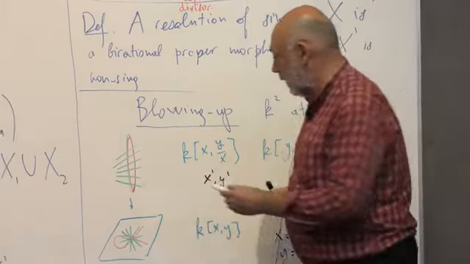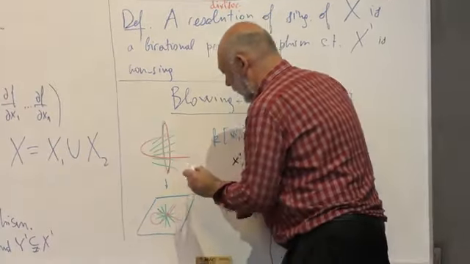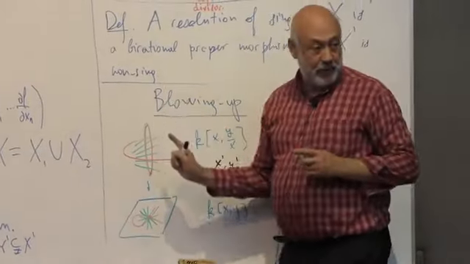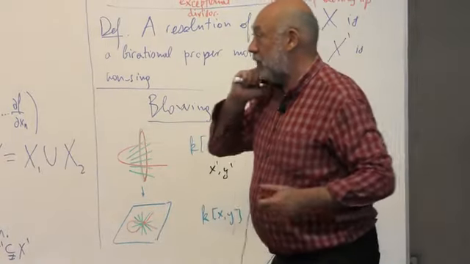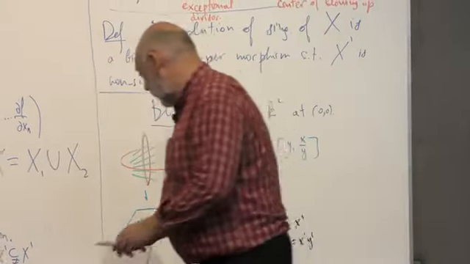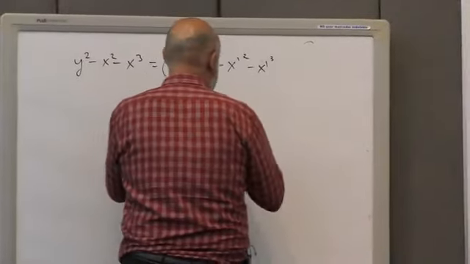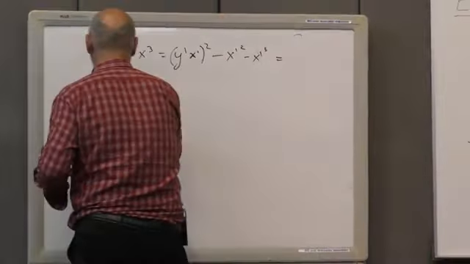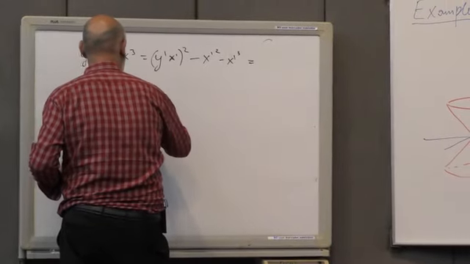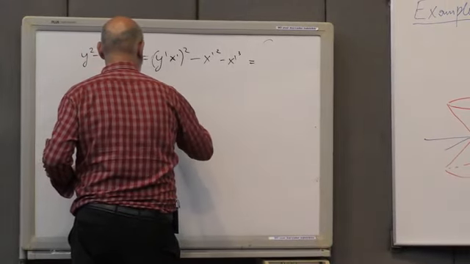It's normal that it should be reducible because the full preimage contains the entire exceptional divisor. The local equation of the exceptional divisor is x prime, and that's why this polynomial is divisible by a certain power of x prime. So this is x prime squared, times y prime squared minus 1.